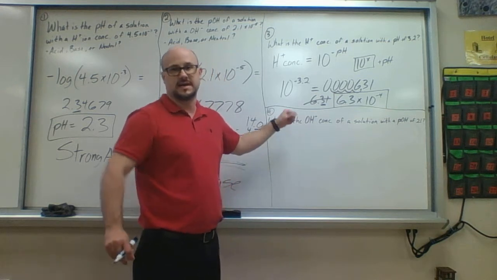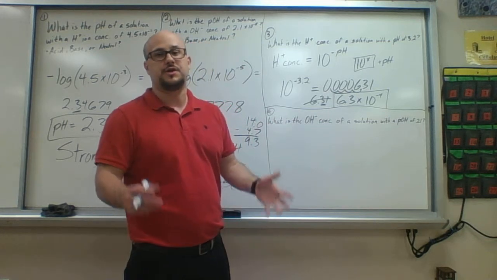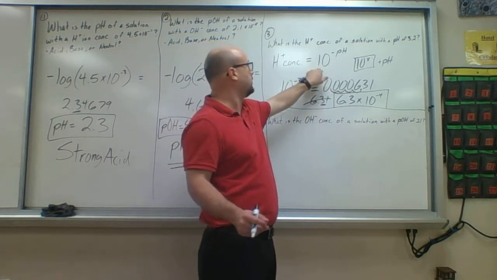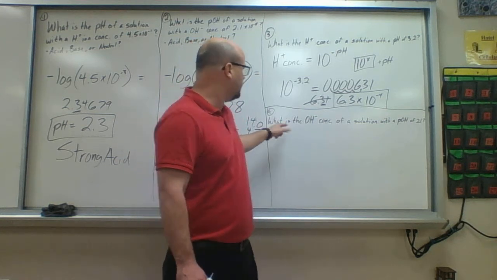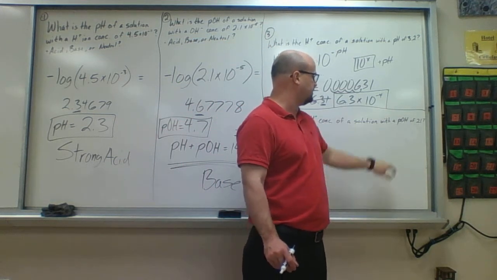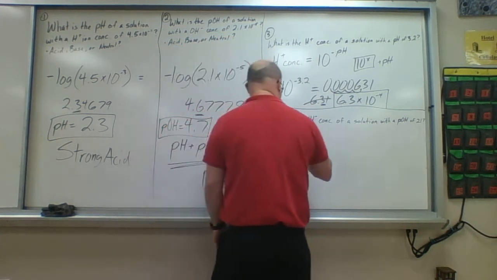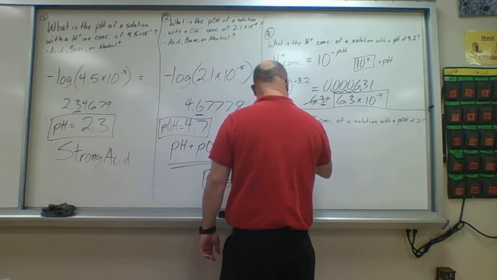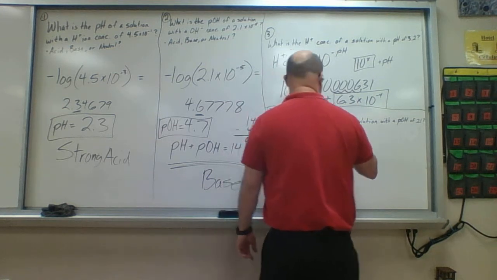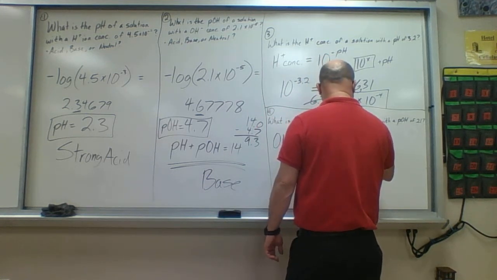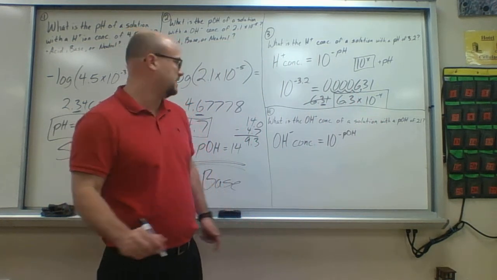Lastly, hydroxide count. Hydroxide, hydronium, same steps. You just need one or the other. You need pH for hydrogen, you need pOH for hydroxide. What is the hydroxide concentration of a solution with a pOH of 2.1? Same formula. We're going to hit hydroxide this time, concentration, equals 10 to the negative p, and don't forget we're using pOH to get hydroxide.